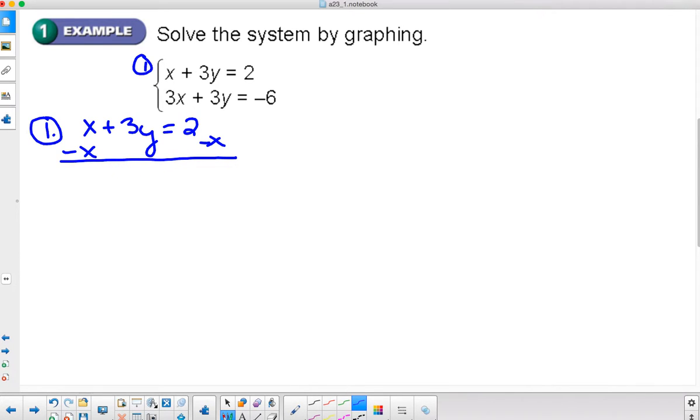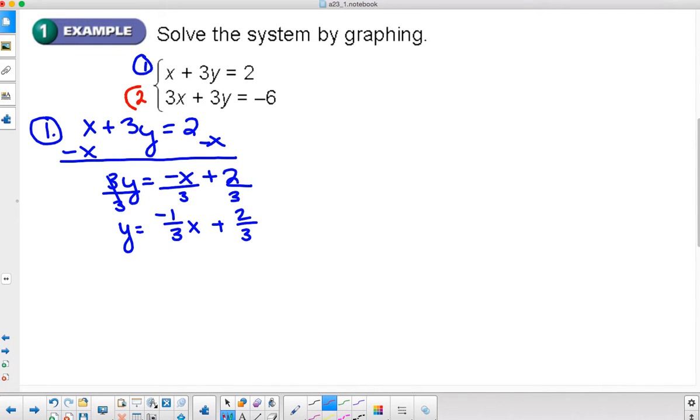This leaves me with 3y equals, I'm going to have that negative x term come first, and then plus 2. Now I want to divide everything by 3, and this gives me y equals, I'm going to write this as a fraction, -1/3 x plus 2/3.